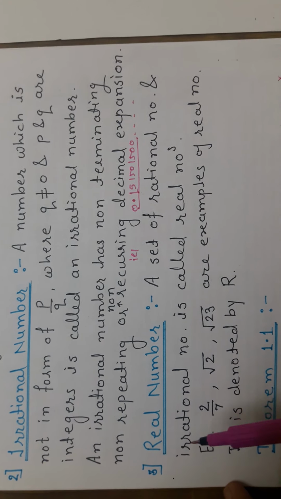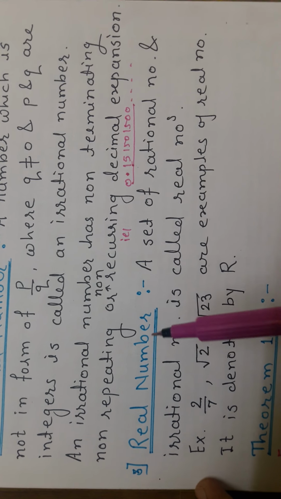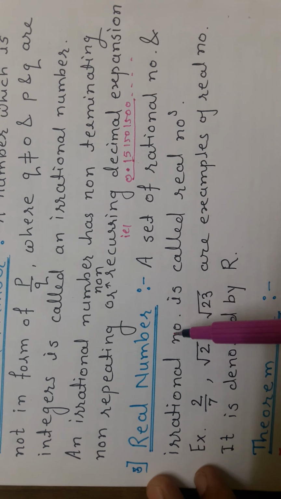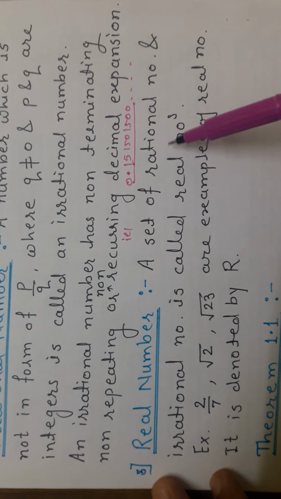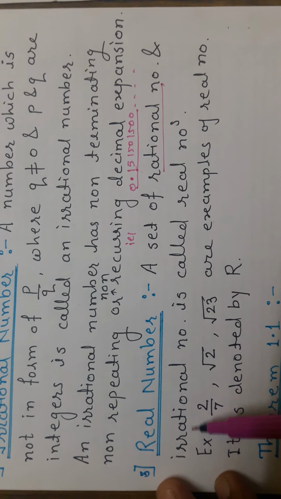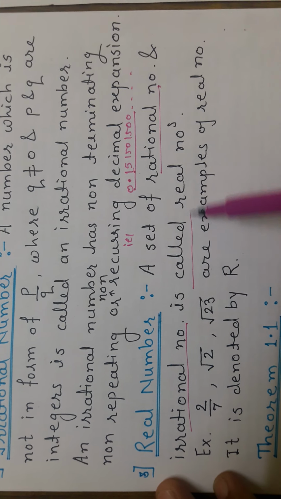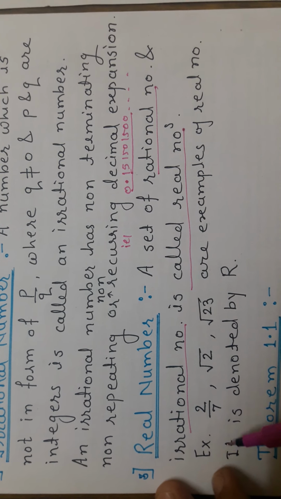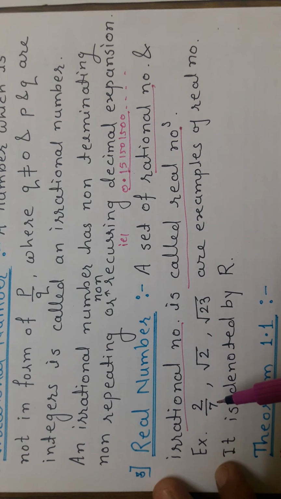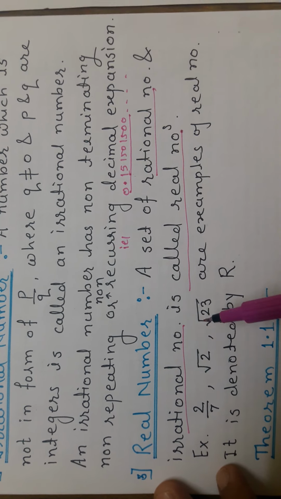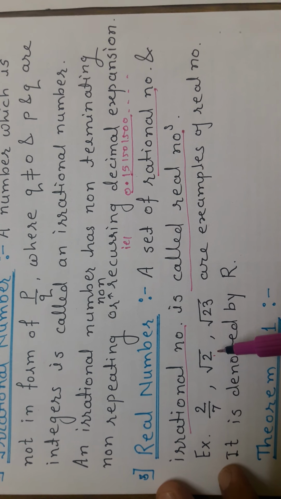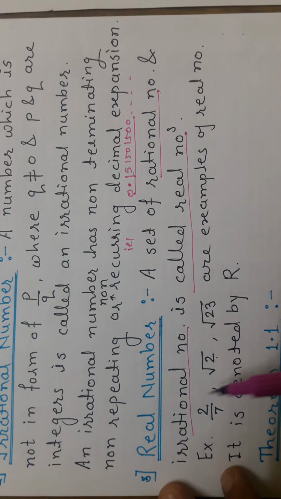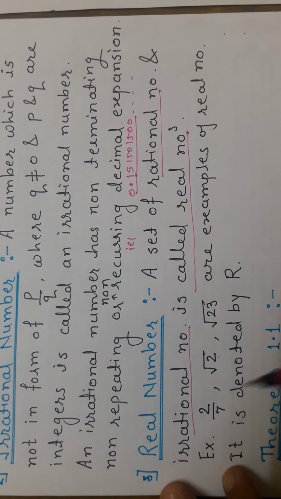Next, third is real number, which we are going to learn as the new thing in this lesson. A set of rational numbers and irrational numbers is called a real number. For example, 2 by 7 is a rational number. Root 2 is an irrational number. That's why it is also called a real number.